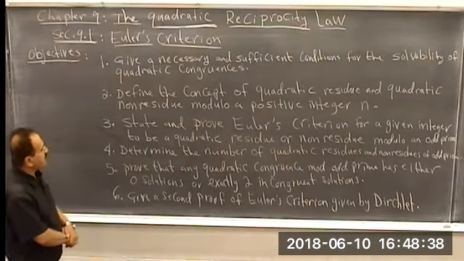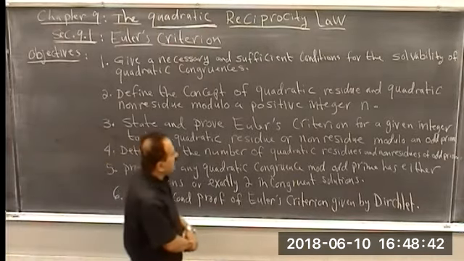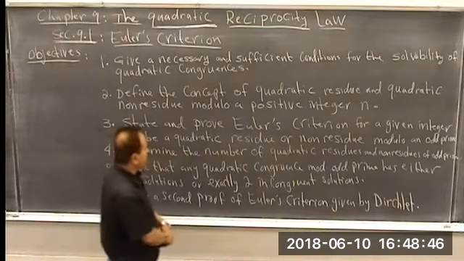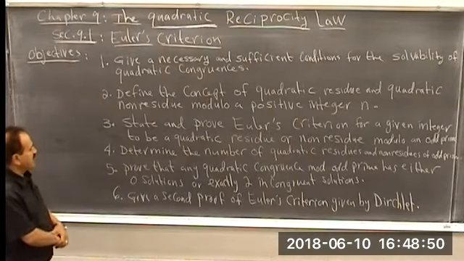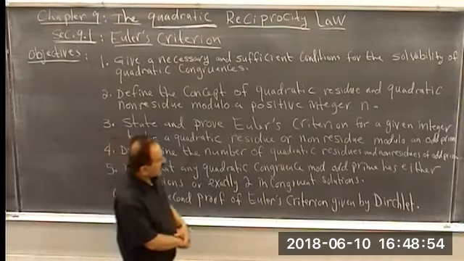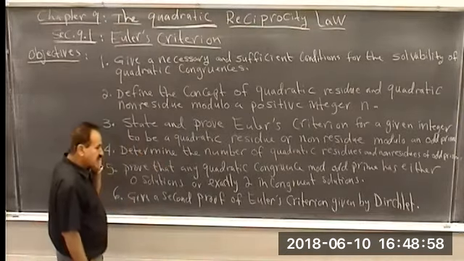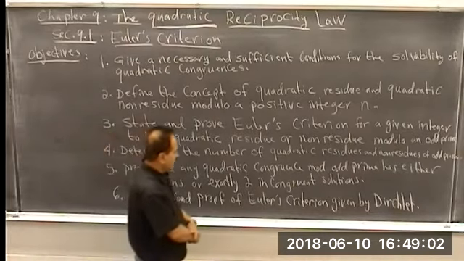Then we're going to determine the number of quadratic residues and quadratic non-residues for any given odd prime. Then we move on to proving that any quadratic congruence mod an odd prime has either no solutions, or exactly two incongruent solutions.